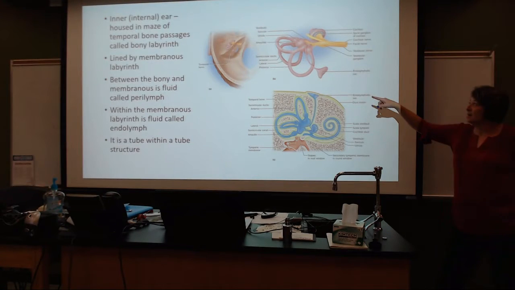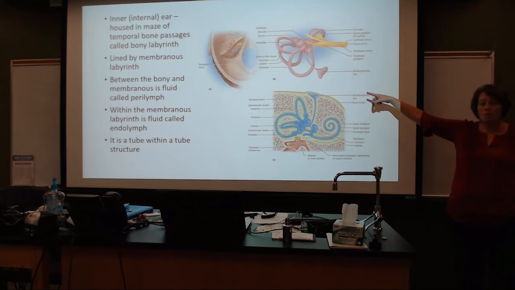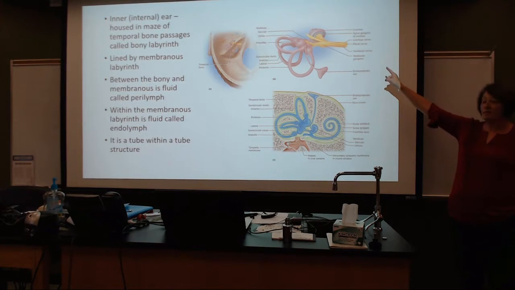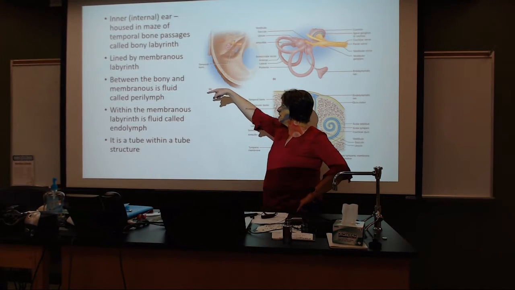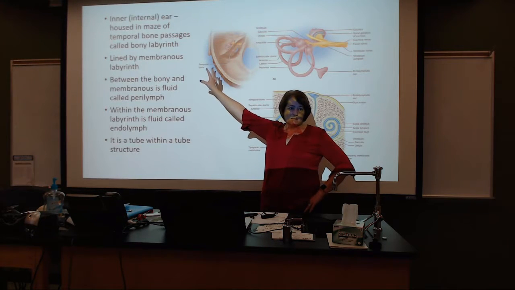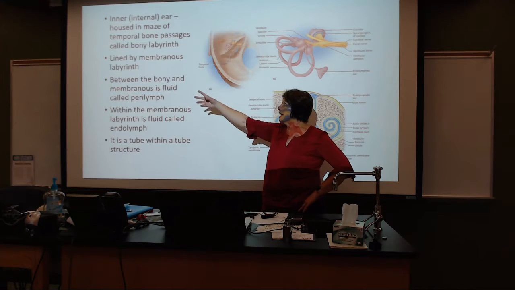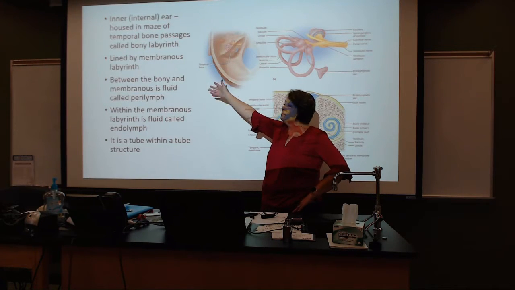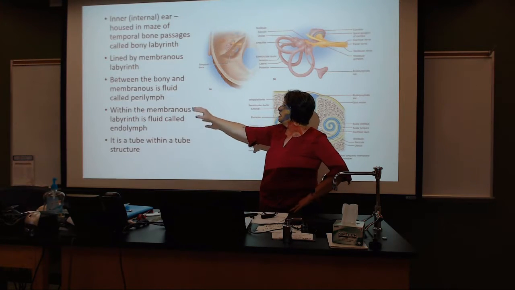Overall, the structure's relatively small. We do see that the nerve branches. This inner ear, the internal portion, like I keep saying, is a maze within this bony structure. It's like this huge labyrinth, and we call it the bony labyrinth, and it's got this maze inside of it.